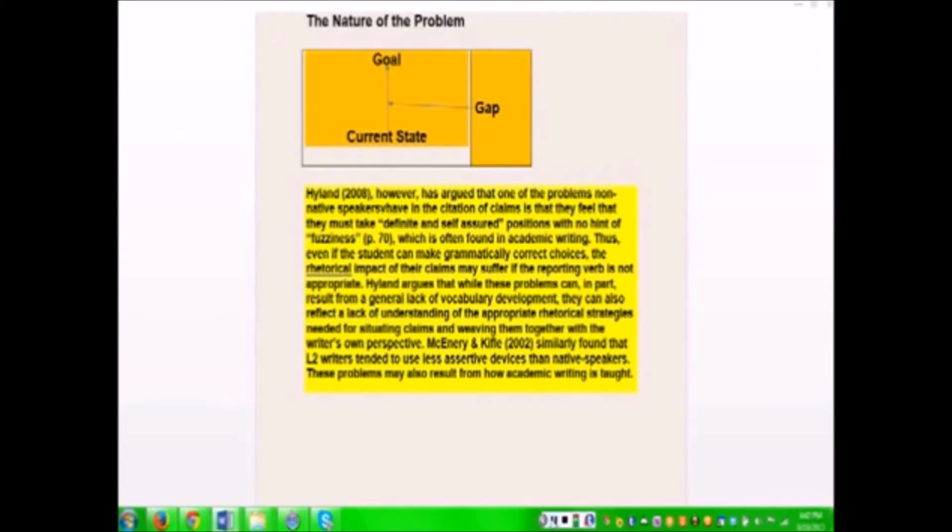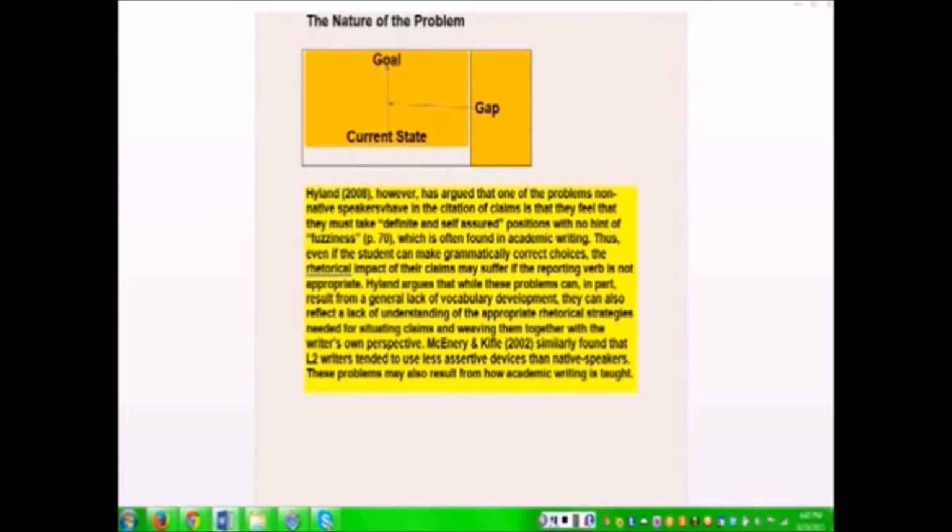So if your goal is to buy a car, and the current state is you don't have enough money, then what we call the gap is the difference between that current state and the goal. So what you're going to need to do if you want to buy a car is figure out a way of getting enough money to pay for the car.